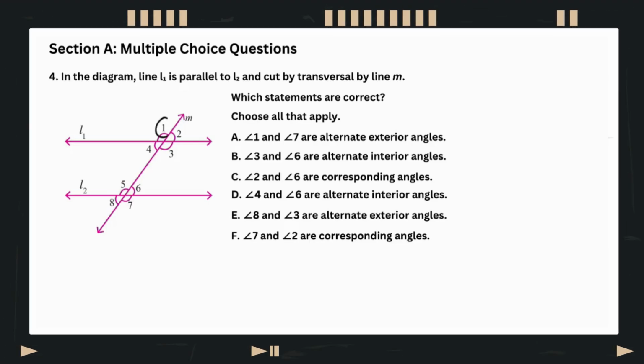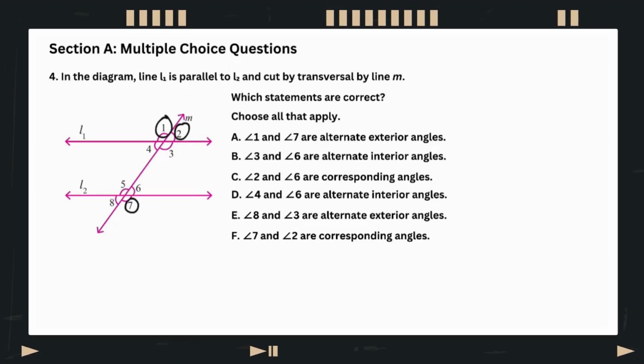Angles 1, 2, 7, and 8 are called exterior angles, meaning angles that are outside the figure. But how do we know which ones are equal? Angle 1 and angle 7 are congruent to each other because they are alternate to each other. Angle 2 and angle 8 are equal to each other as well, and again, they are called alternate exterior angles.